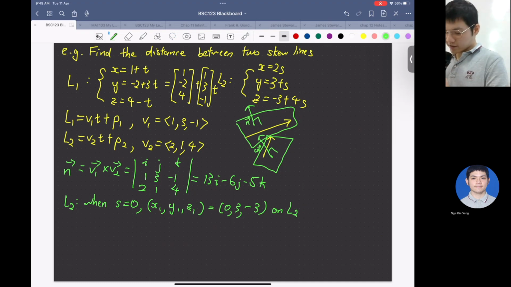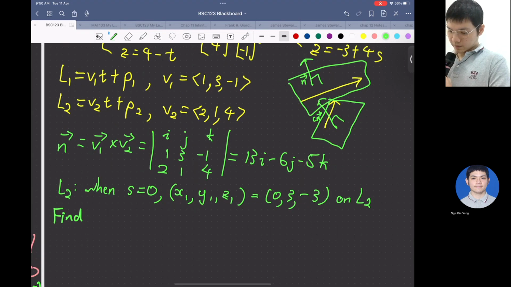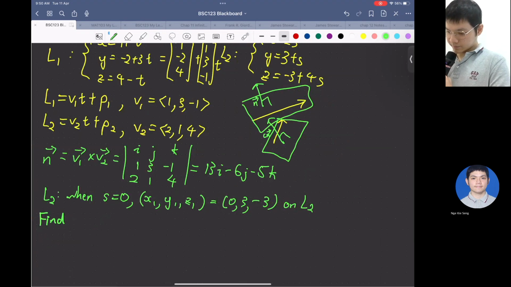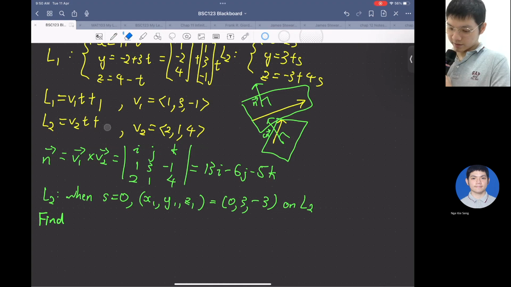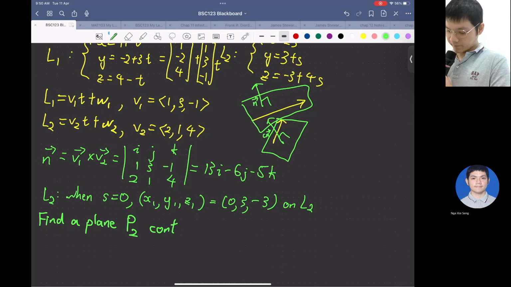So let's find the plane equation first. Let's find a plane P2 containing L2.